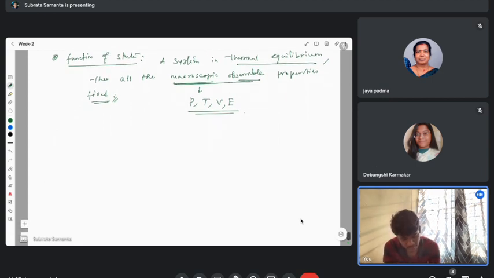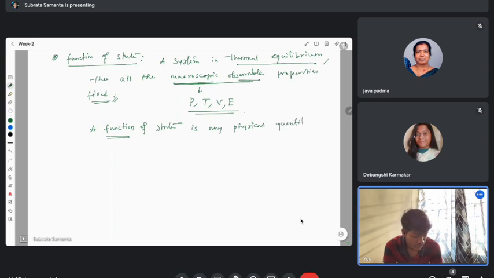The definition is that a function of state is any physical quantity that has a well-defined value for each equilibrium state of the system.